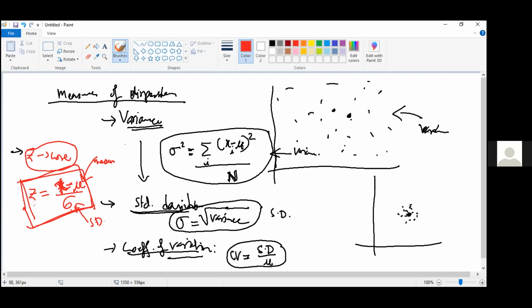X is your original data. If you use this formula and obtain z, this process is also called standardization. You are standardizing your original data. You can try it out. Consider a simple data set, find its mean, compute its standard deviation, then transform using this formula, z equals x minus mu over sigma.